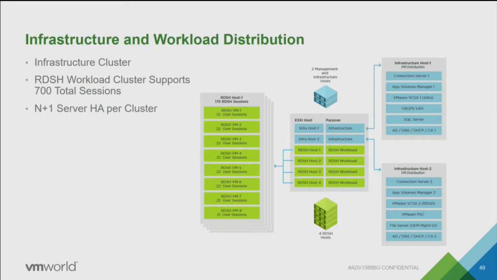That gives you around 22 user sessions per RDSH VM, which brings you to 175 sessions per server at that point. This accommodates N+1 added to the mix at the compute layer, so you're getting N+1 for high availability both for RDSH as well as the infrastructure VMs. In this case, because we only have 4 compute nodes in there, it brought that number to 175.